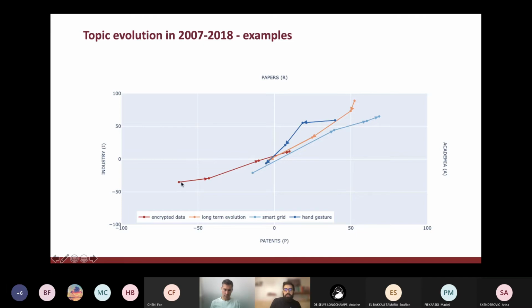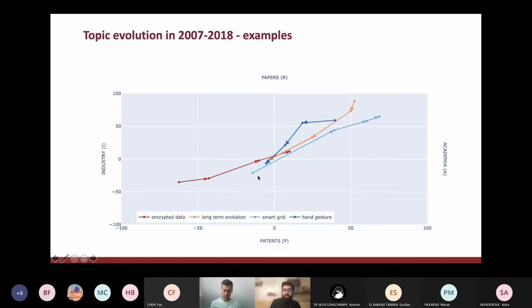There is encrypted data, something that was published in patents at the beginning of the century, but now it has become more of an academic thing, because of blockchains and other things, and is mostly published in papers.